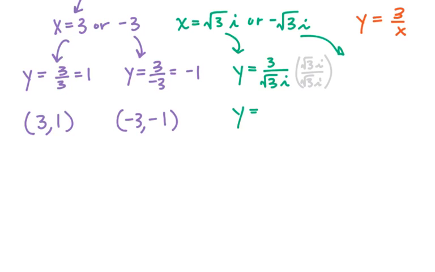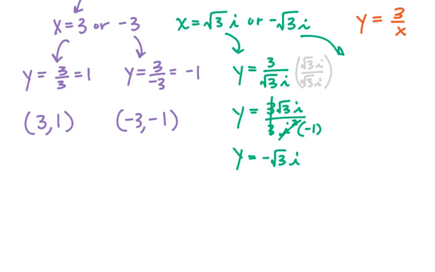That gives me y equals 3 root 3i over root 3 times root 3 is positive 3, and i times i is i squared. Remember, i squared is equal to negative 1. So those 3's are going to cancel, and I end up with y equals negative root 3i.